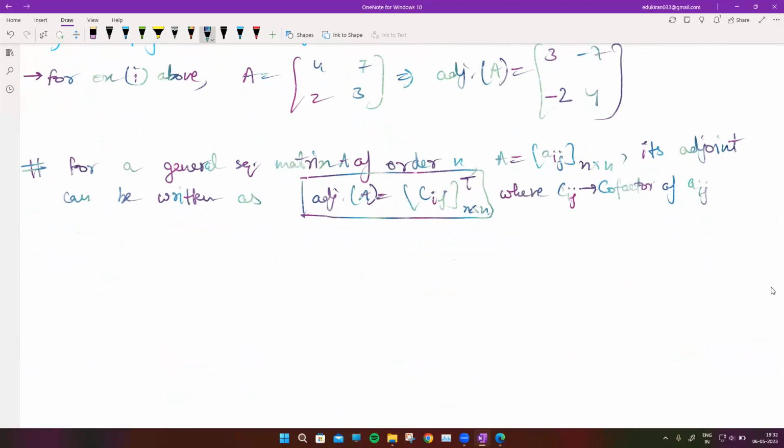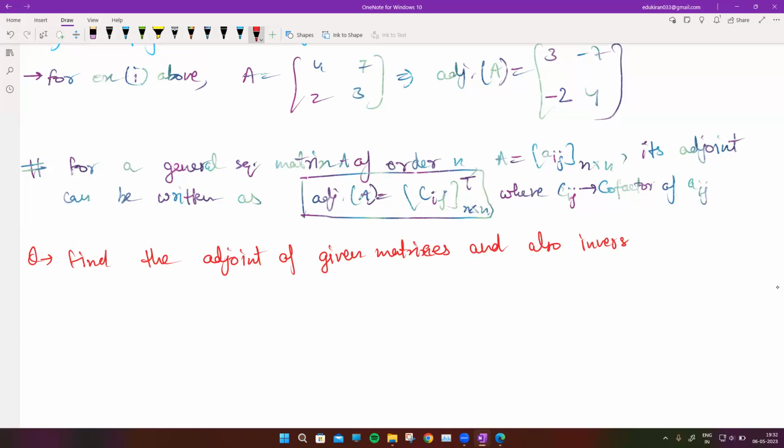So find the adjoint of given matrices. Now I am extending the question and also the inverse if it exists.